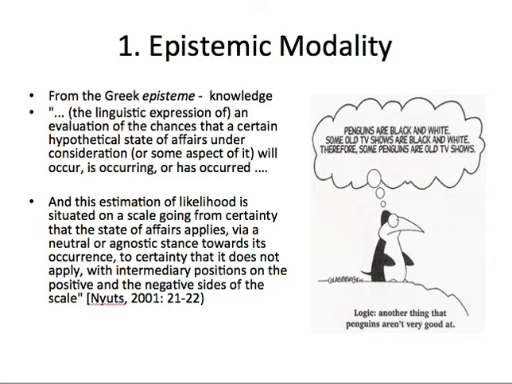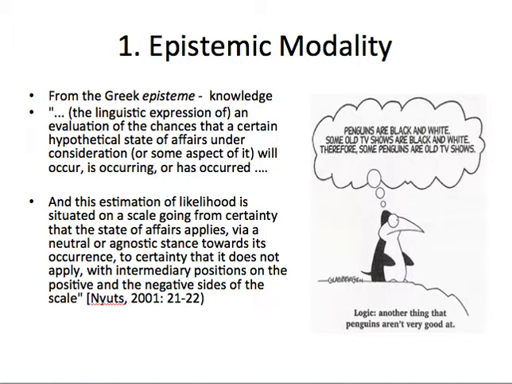Okay, so let's talk about the two main notions of modality, epistemic and deontic. Epistemic comes from the Greek episteme and has to do with knowledge. Okay, the linguistic expression of an evaluation of the chances that a certain hypothetical state of affairs under consideration, or some aspect of it, will occur, is occurring, or has occurred.